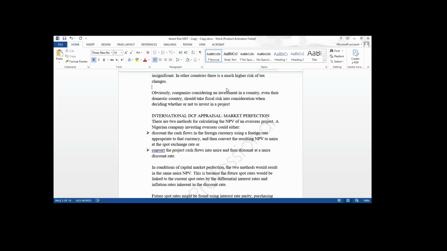What we are about to look at tonight is if a company based in Nigeria is planning to invest in Ghana, or you want to invest in South Africa, this will involve currency conversion.